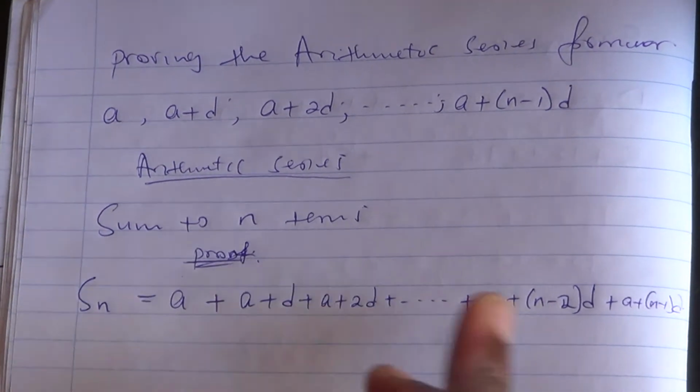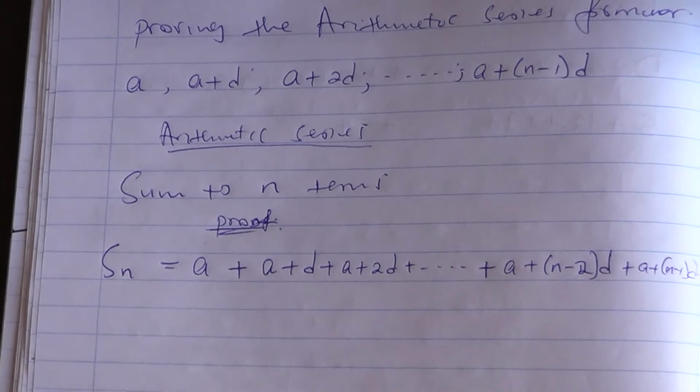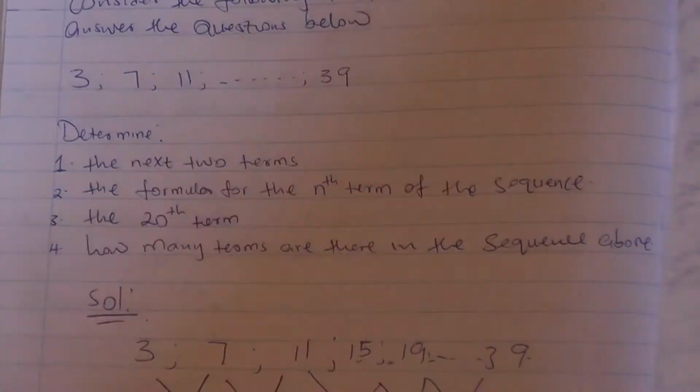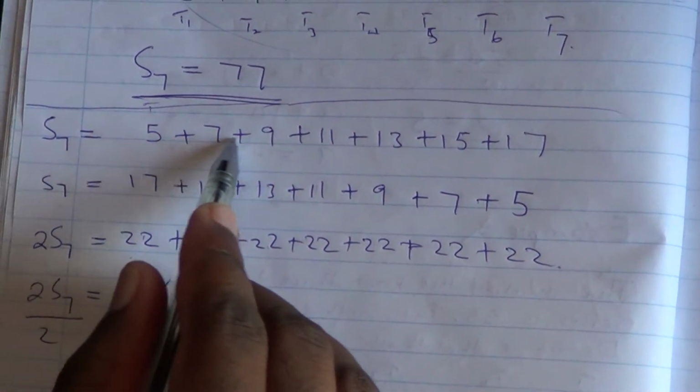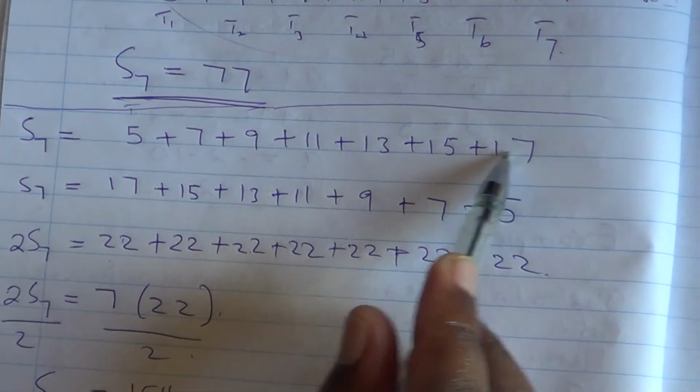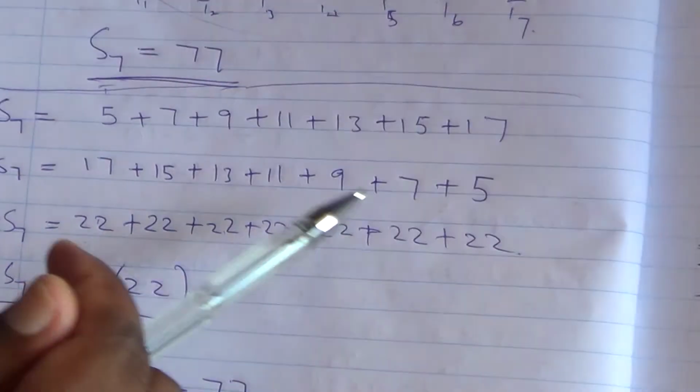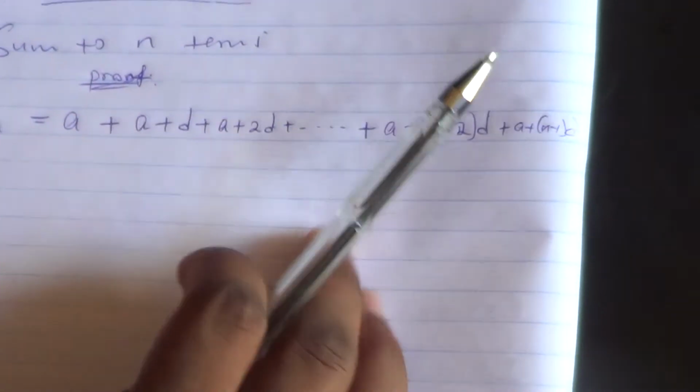Step number 2, I'm going to start from this side, just copying, like we did with the previous example. You see, here we started from 5, the terms are increasing. Now start from 17 here, going back up to what? Up to 5. So I'm going to start here.